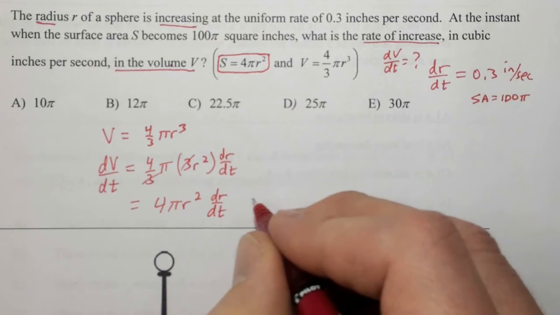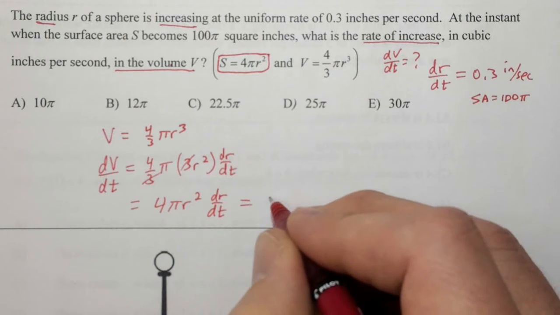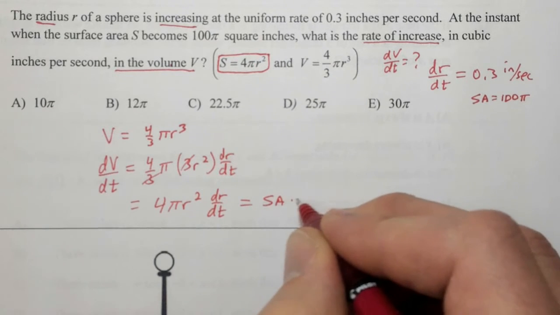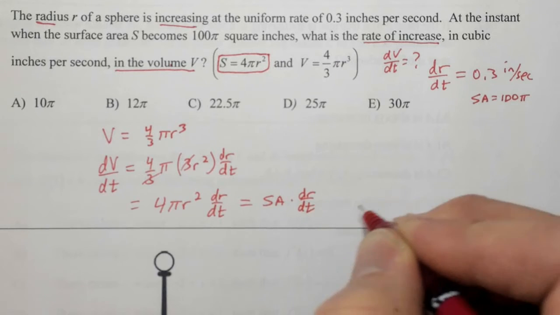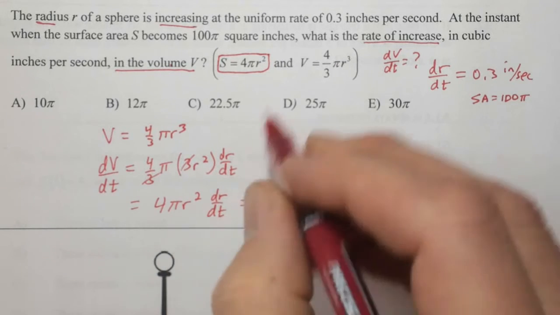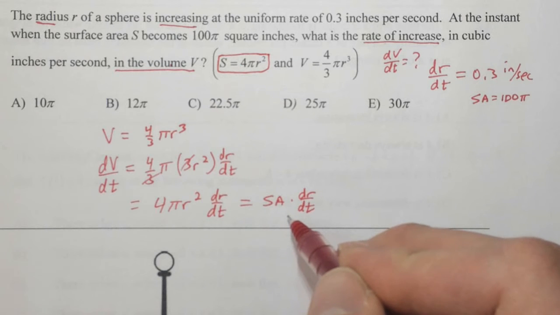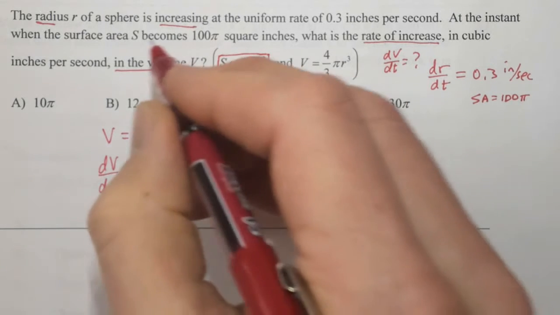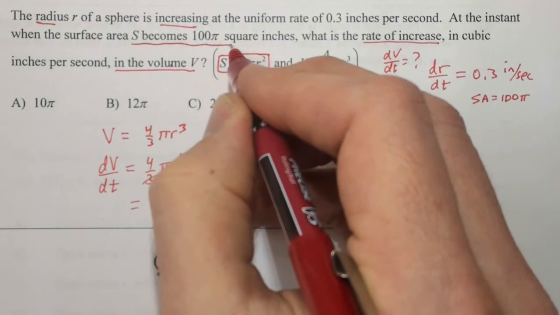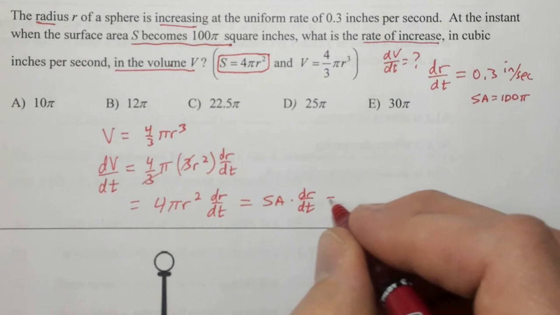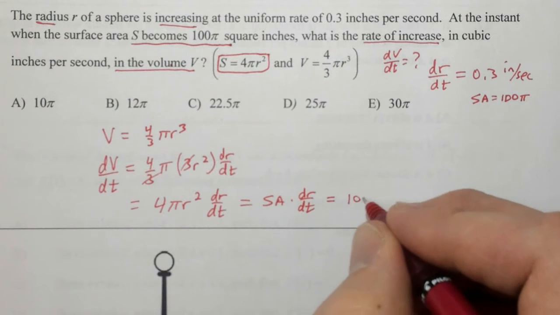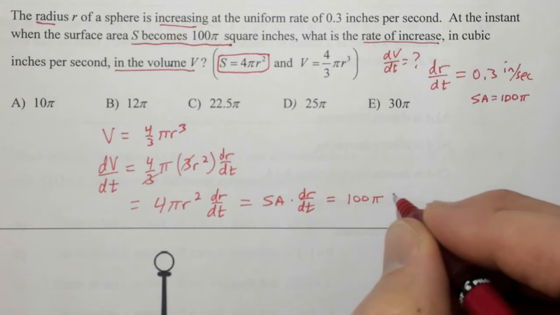All right, so this dV dt is actually equal to the surface area times dr dt. We're just subbing 4 pi r squared out and the surface area in. All right, and the surface area, we're told, is 100 pi. So this is equal to 100 pi times dr dt.